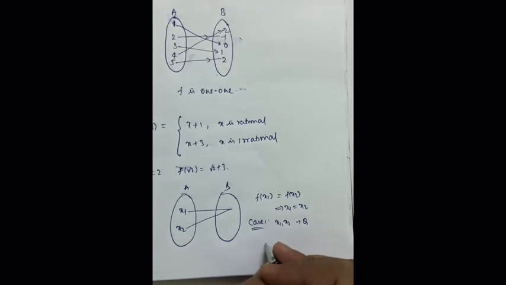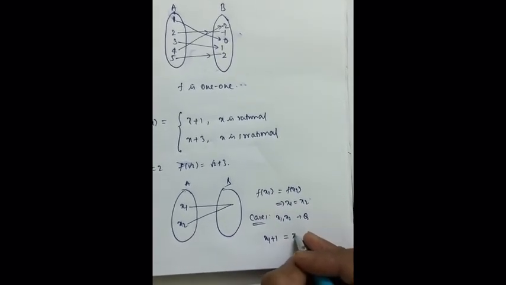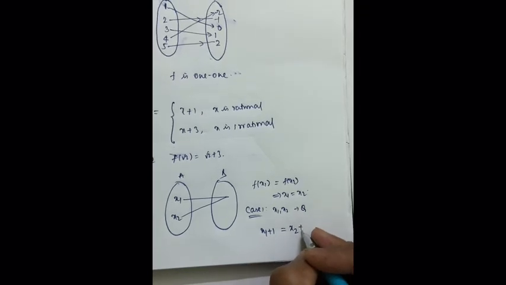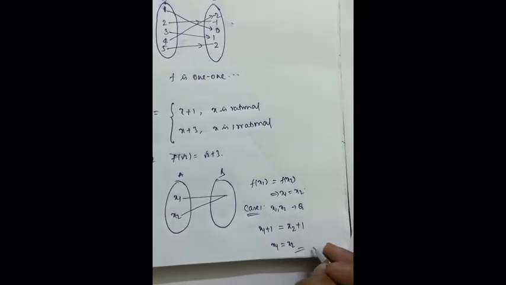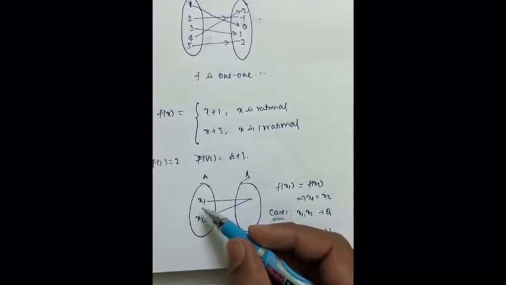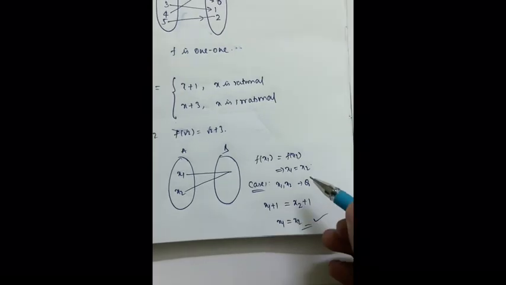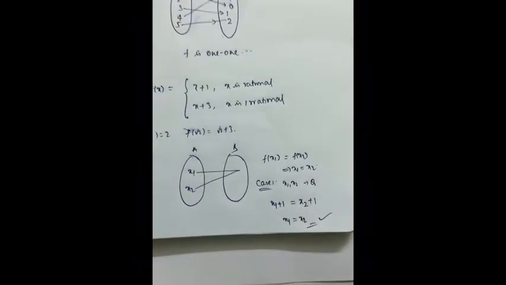In that case, f of x1 will be x1 plus 1 and f of x2 will be x2 plus 1. So we are getting only one rule, x1 equals x2, right? Therefore if x1 and x2 are both rational, then this function is one-one, as if the domain is only rational.